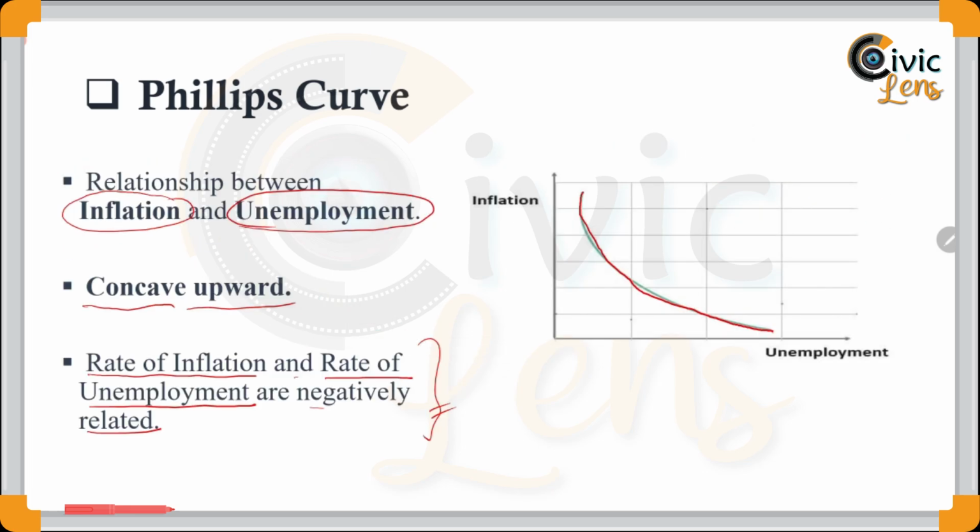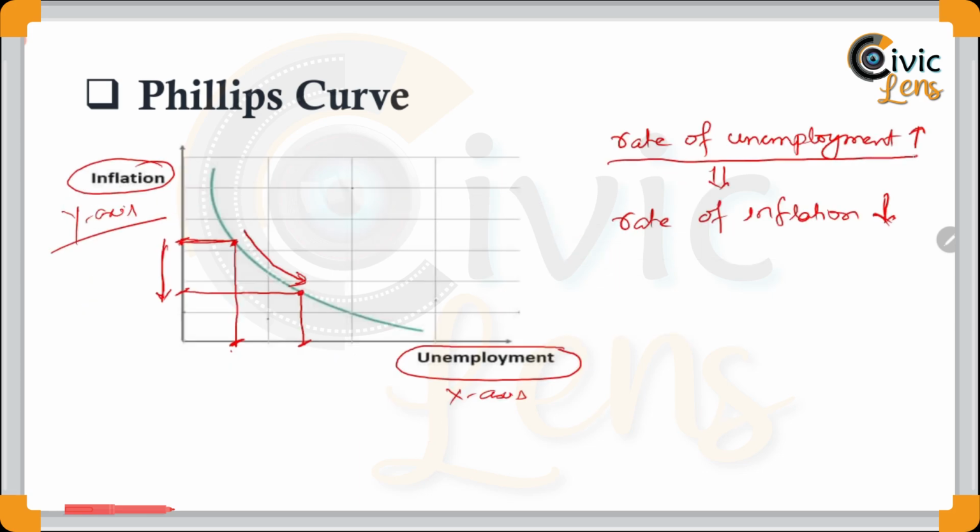And this is what the Phillips curve says. If you remember the statement, it says that the rate of inflation and the rate of unemployment are negatively related. That means if the rate of unemployment is increasing, the rate of inflation will come down. So this is the meaning of negatively related: when one is increasing, the other is decreasing.